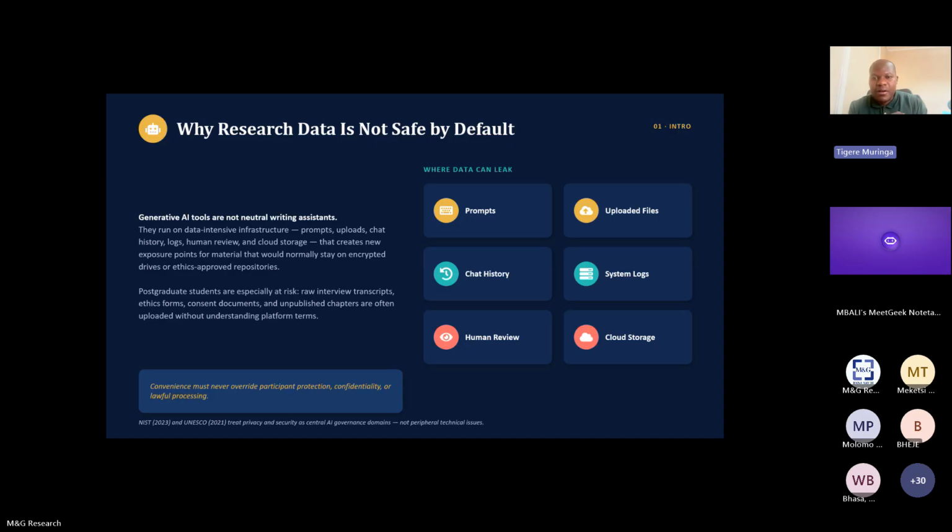Because there are a lot of loopholes where data, when you're using it, can leak, right? When you are using these AI platforms, for example, it's possible for you, unknowingly or unconsciously, to include a person's personal information in your prompts, right? You think you've anonymized your data, but your prompts might breach data privacy, security, or confidentiality.